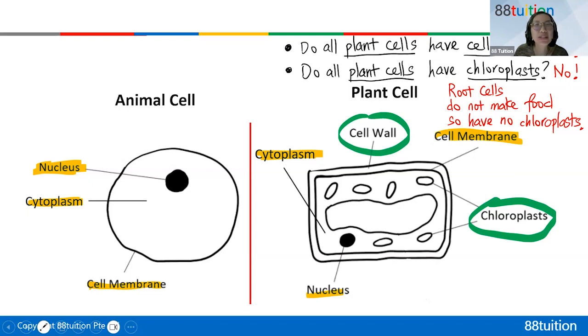Okay. Haresh, you say it contains DNA. So what is the purpose of the DNA? Okay. It controls, so for nucleus, it controls all activities taking place in the cell.